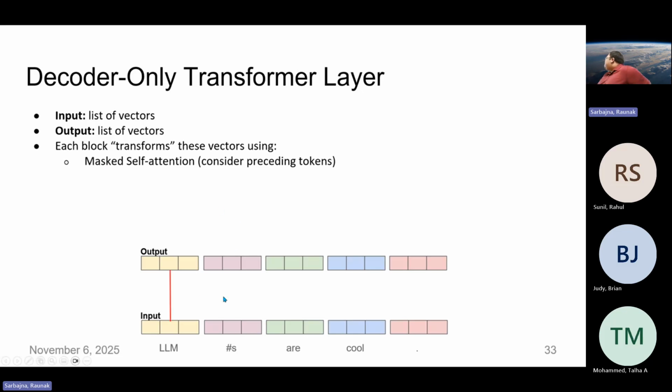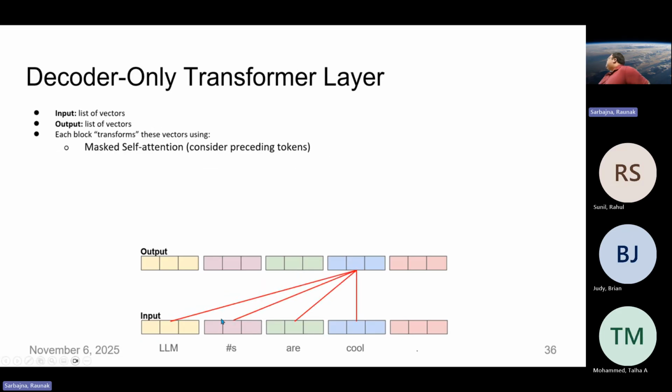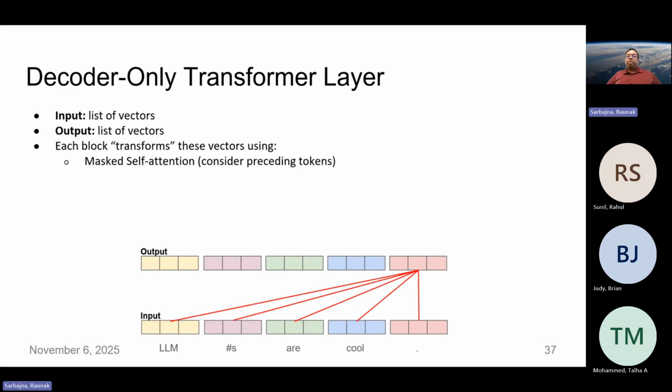Whenever you have an output, the output is not just looking at the first word that is being sent as input. It is also looking at the previous words, the preceding tokens. So the second output token is going to look at the first two input tokens. The third is going to look at the first three input tokens, and so on. This is how the masked self-attention continues.